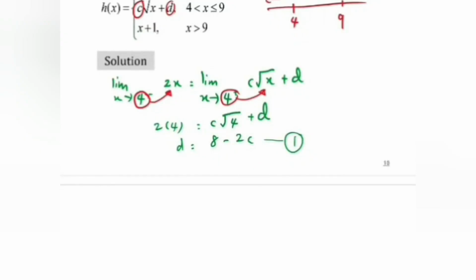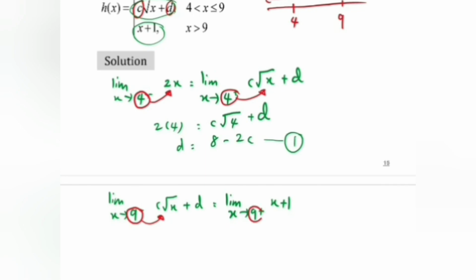Let's compare the left hand limit and right hand limit for 9. For the left hand limit, we have to use the function cx plus d. For the right hand limit, we have to use the function x plus 1, and then just substitute the value of x into the function.